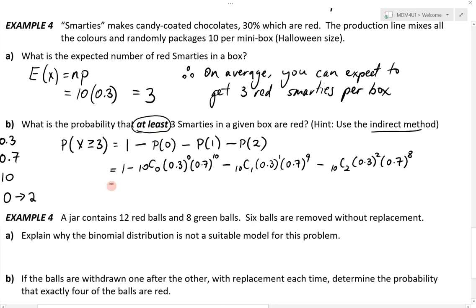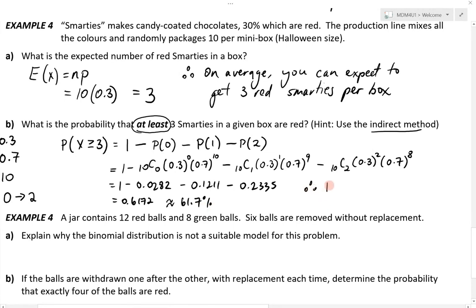So if we do that, we get 1 minus 0.0282 minus 0.1211 minus 0.2335. Okay, and that's going to equal 0.6172, or we could say 61.7%. So that's a pretty high number.